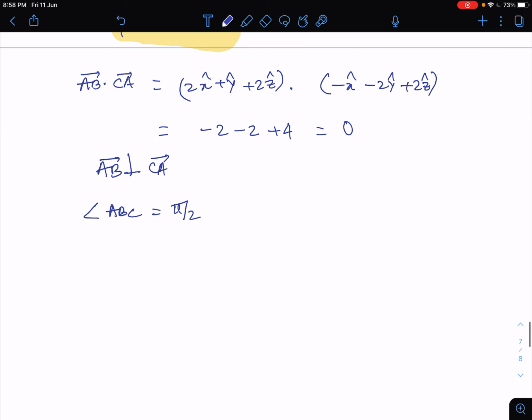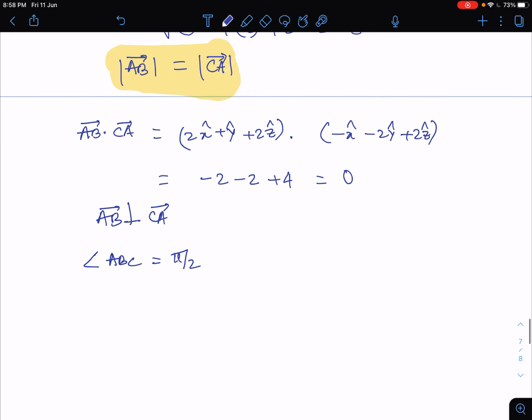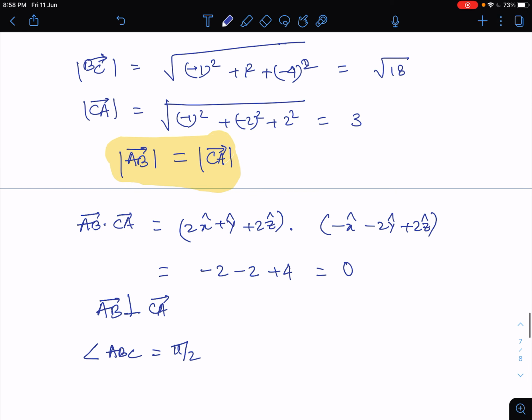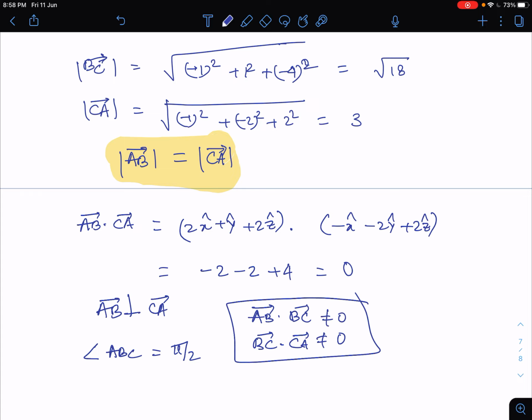So if you take the dot product of the other two, let's say AB and BC, or BC dot CA, you will get a non-zero value, which you can verify too.